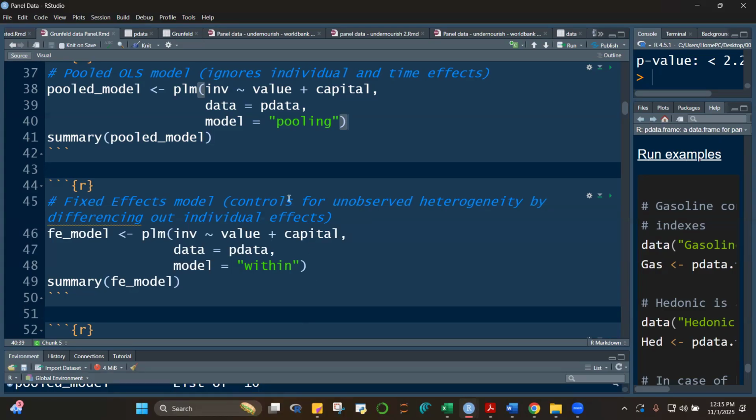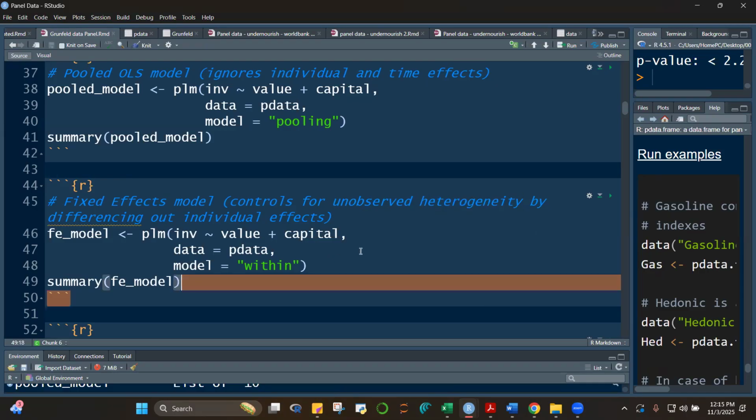Okay, so this controls for unobserved heterogeneity. Heterogeneity, class, means that there's a difference between the units. Unobserved heterogeneity means unobserved differences among the units.